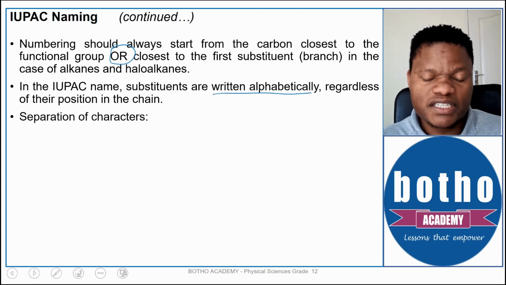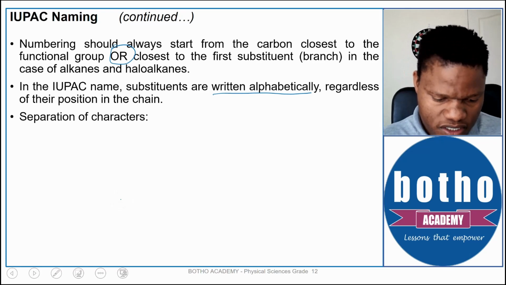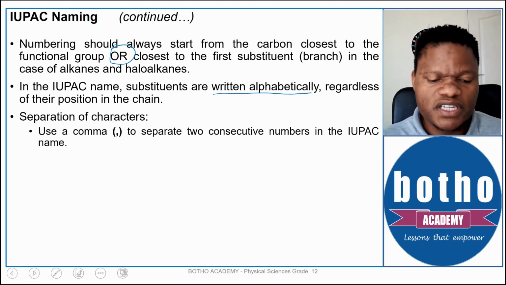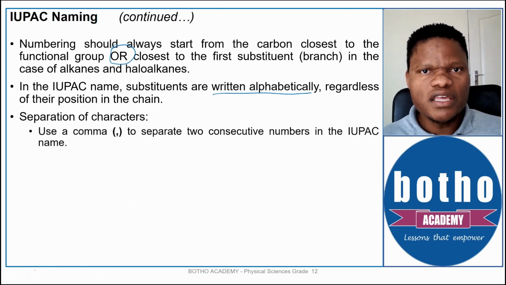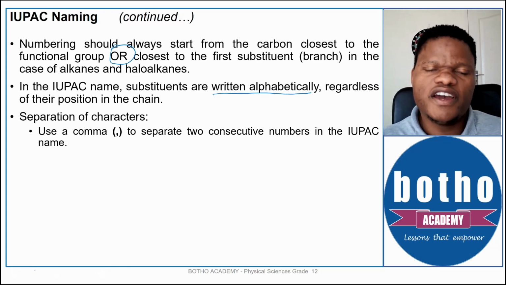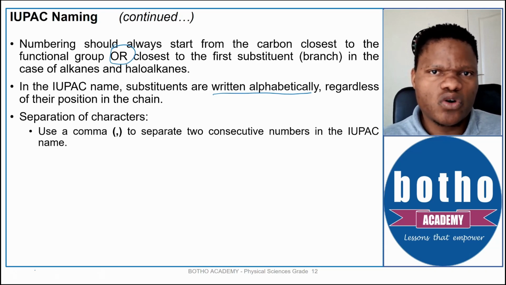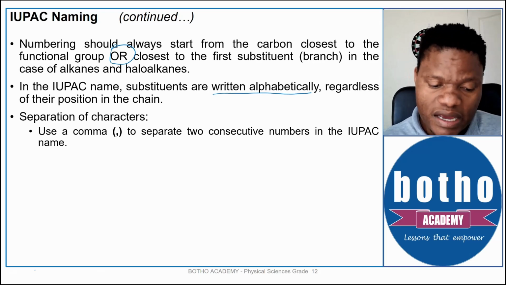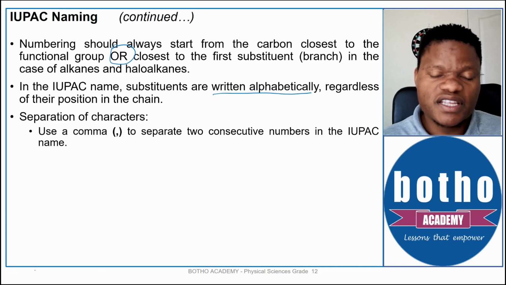Now, here's another part that really confuses learners quite a bit: the separation of characters. In the name, you would find that there is a substituent that repeats its appearance on the chain. Just like with the previous example that we saw a methyl repeating itself 3 times. Because it's repeating itself 3 times, the numbers are going to repeat themselves.